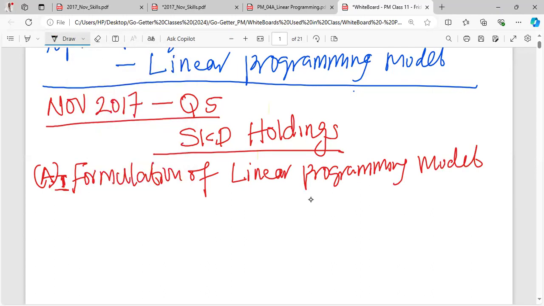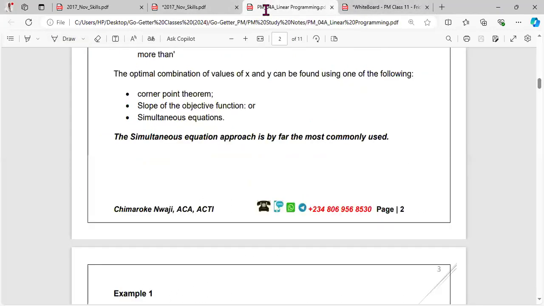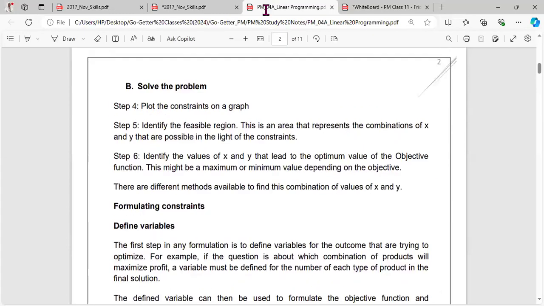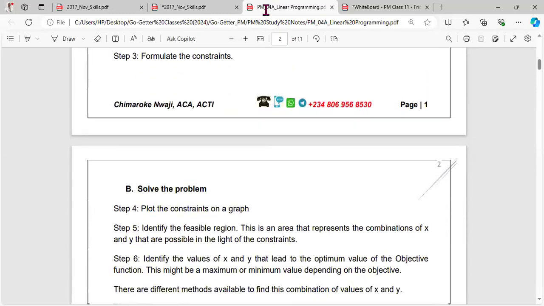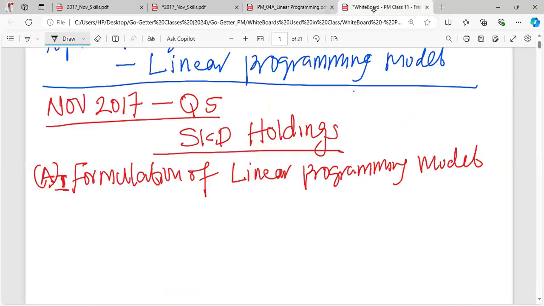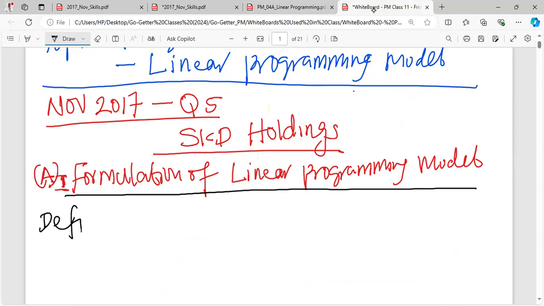So the first thing we'll do here, according to our model, is we need to define our variables. What variables are we given? So we'll say, define variables.